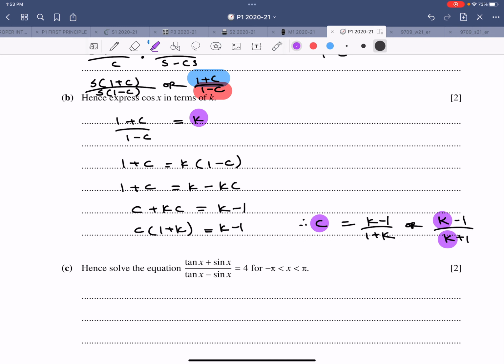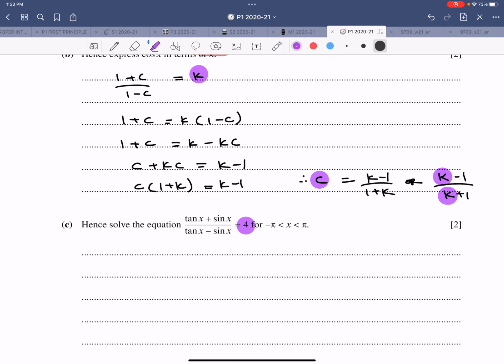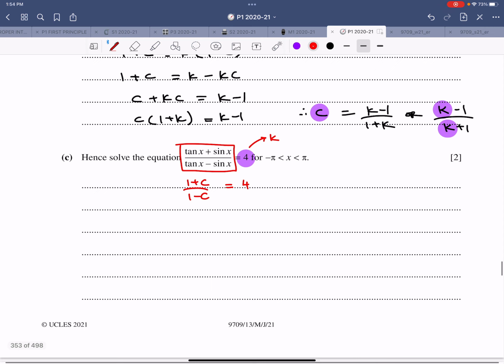So now instead of 4, what do we have? This is basically k, and the left hand side is 1 plus c over 1 minus c, and this equals 4. So what's the big deal about it? So c is 4 minus 1 over 4 plus 1, which is 3 over 5.